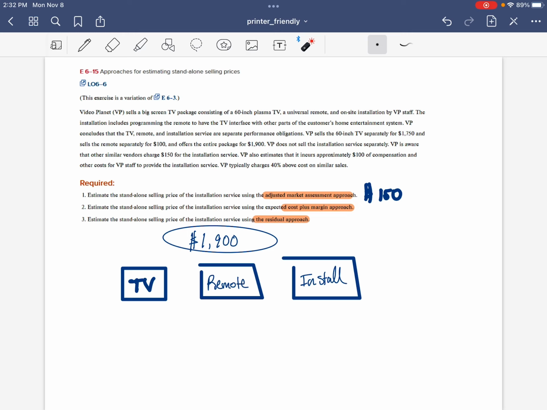What about part 2, the cost plus margin approach? The problem says Video Planet estimates it incurs $100 of compensation and other costs for Video Planet staff to provide installation services. So there's your cost. The cost plus margin approach says take your cost and multiply it by 1 plus your normal profit margin, and that becomes your standalone selling price.